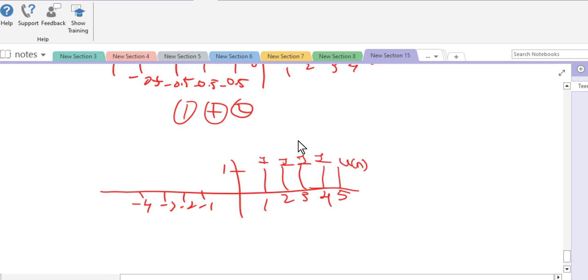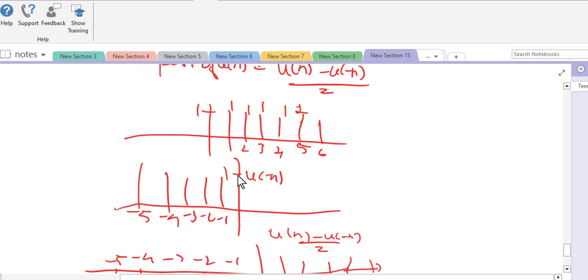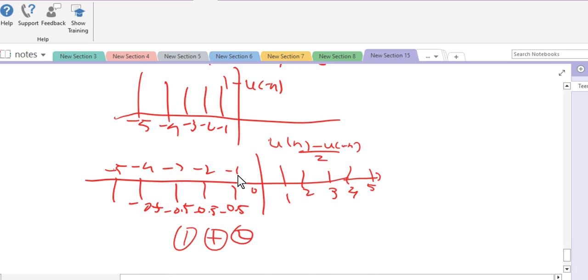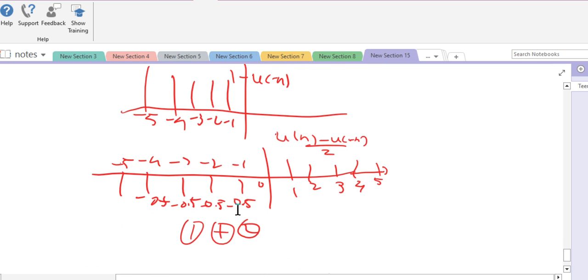It's the graph. So we obtained this by adding these two, the first and the second. So when we add first and second, we get this graph.